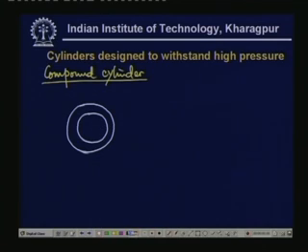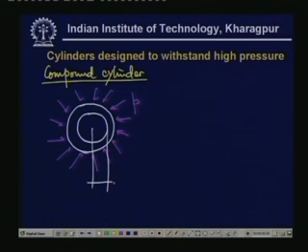So, this is the inner cylinder and a compressive stress P is developed. So, now this is subjected to external pressure. You see this distance, let us say R1, suppose this is R2.